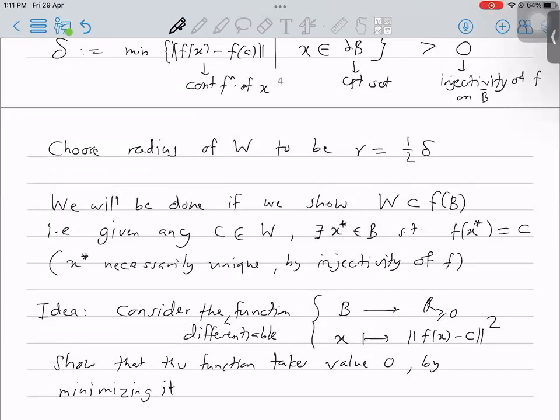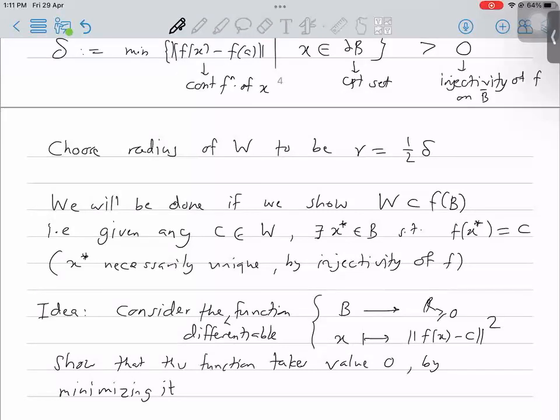Sorry, just one second, I'm a bit confused over here. Yes, to show that, by minimizing it. Now this function is defined on an open ball.